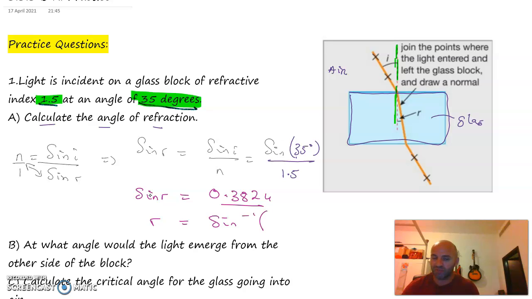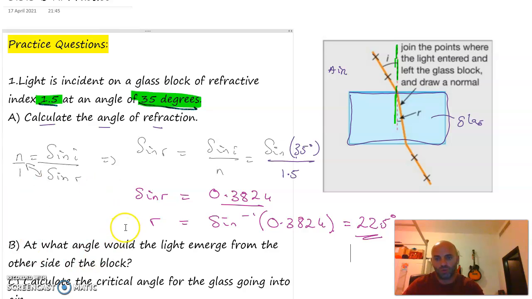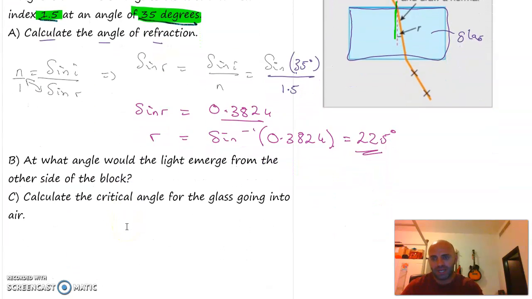Of course, if you're a little bit confused about that, please go back to the other page on using the sine function. So I'm taking the sine inverse of the ratio, and that works out to be 22.5 degrees, we'll say. 22.5 degrees. Okay, so hopefully that makes sense.